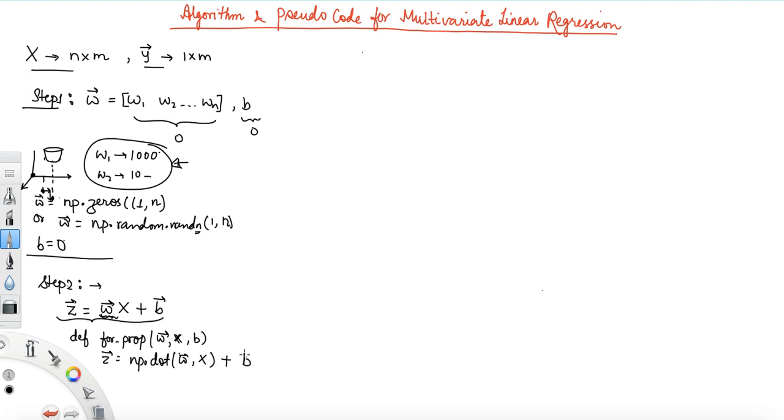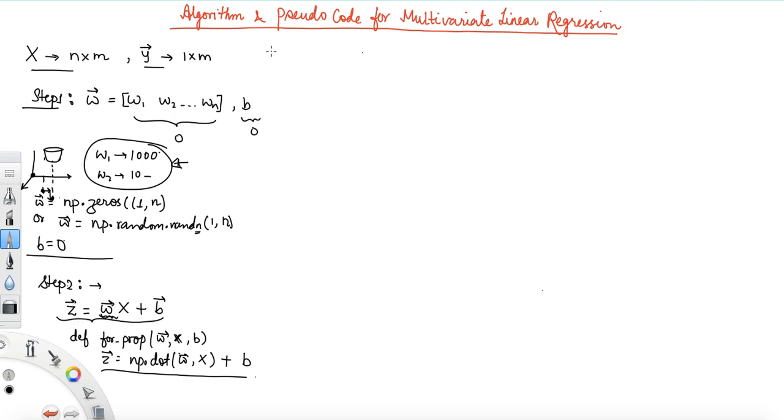In numpy actually we can just use addition with this scalar, because broadcasting can be there in numpy. So b will be broadcasted to the b vector. So this is how we can implement. This is step 2. We have found z vector.